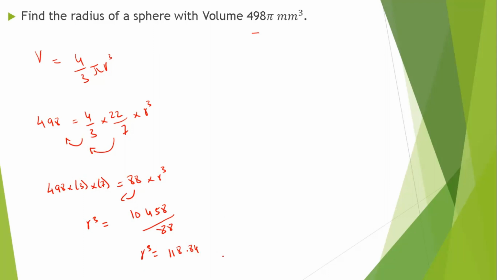However, you had to find r. Hence, your r will be equal to the cube root of the number 118.84. Okay, so r cubed is equal to, sorry, r is equal to the cube root of 118.84.